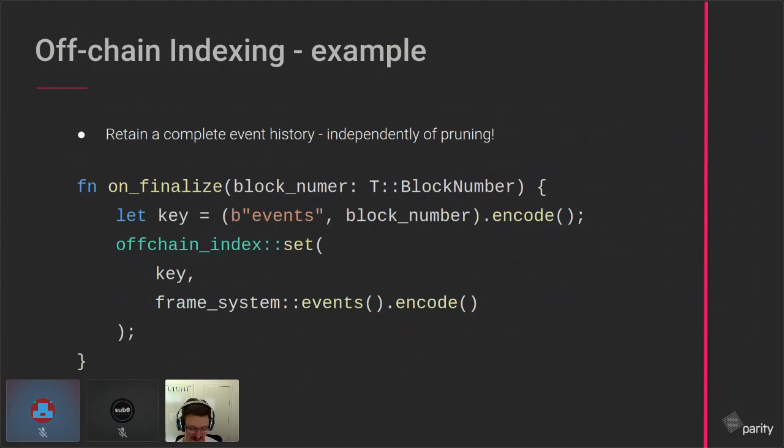And this is a really good use case because it's not guaranteed that after pruning, every individual event is still available. So this is a guarantee that your off-chain worker and the RPC has each and every event that was recorded, even when it was pruned in the actual blockchain DB, is still present in the off-chain worker DB.